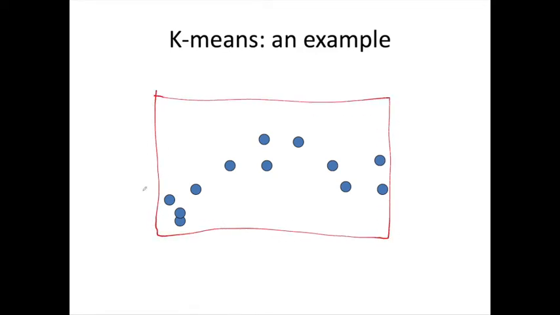Basically we have x and y, and these are the samples or the objects that we want to have, and then we want to identify the clusters. Let's assume that the value for k is going to be equal to 3.